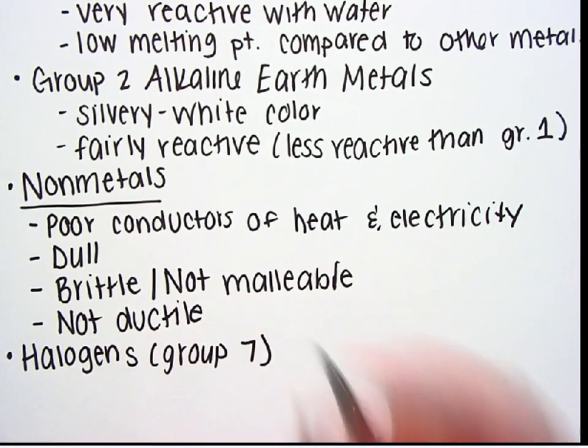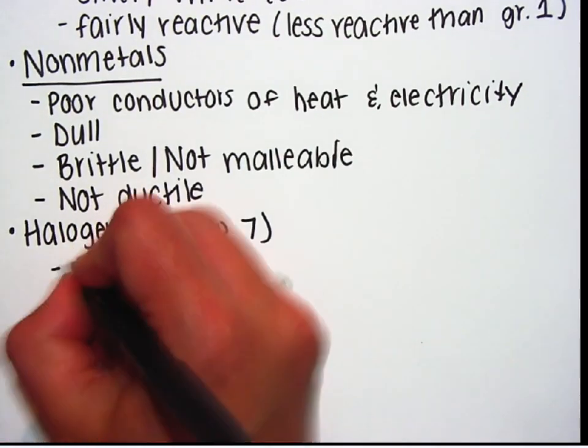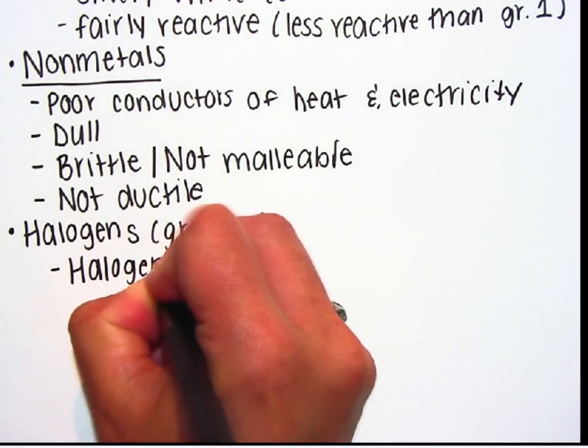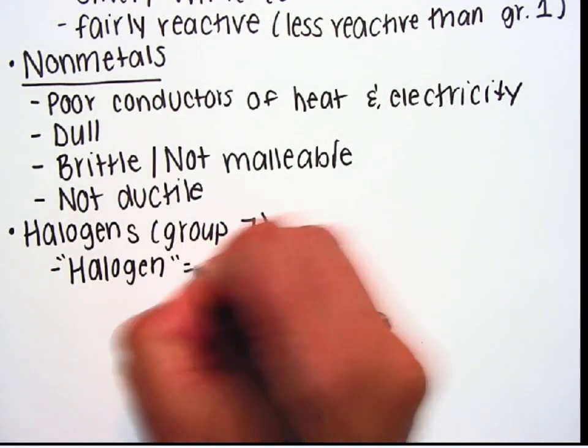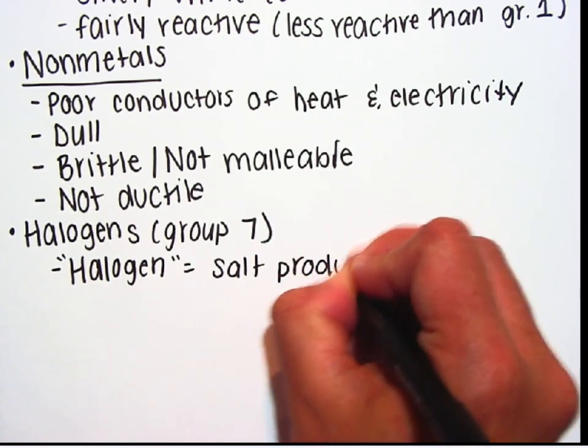A special group of nonmetals are in group 7. Those are the halogens. That word halogen just means salt producing.